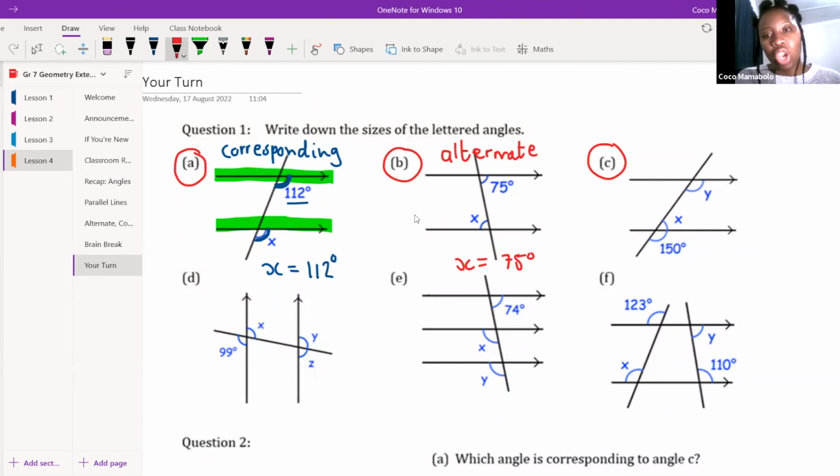Okay, excellent. What about C? Now, guys, remember, if this is a straight line, this is going to be my supplementary angle. So please find me X. Yeah, it's quite difficult. X is quite difficult. Okay. Excellent. Okay, let's stop here for today.